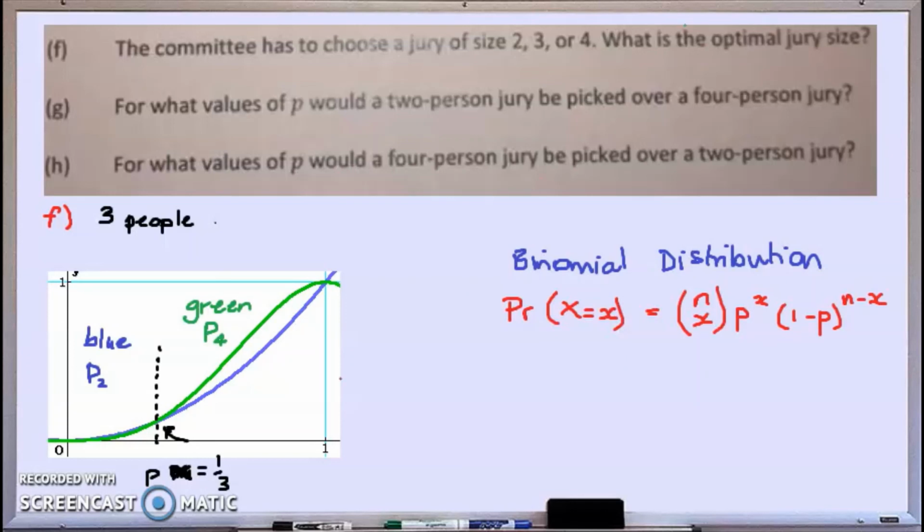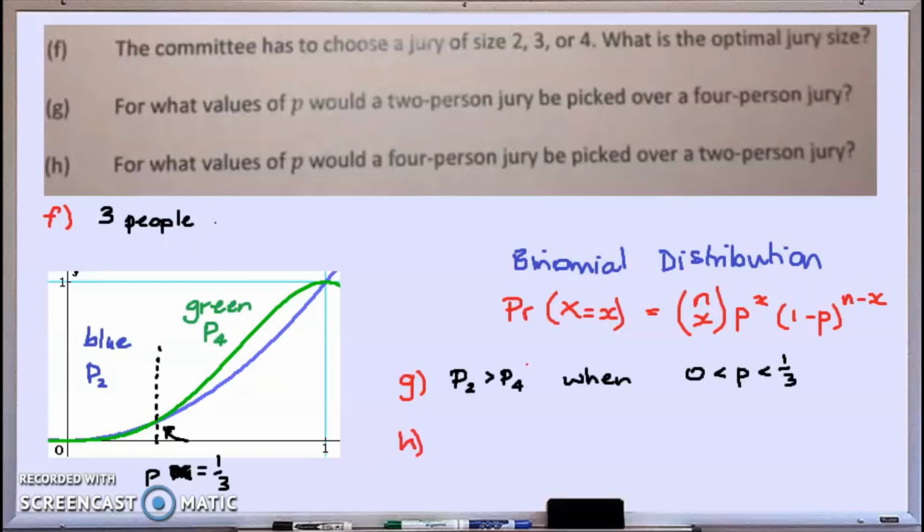So therefore the answer to part G is that P2 is greater than P4 when my p-value is between 0 and 1/3. You may not need to write 0 because it might be understood that a probability value can't be negative, but it's always nice to be really explicit.